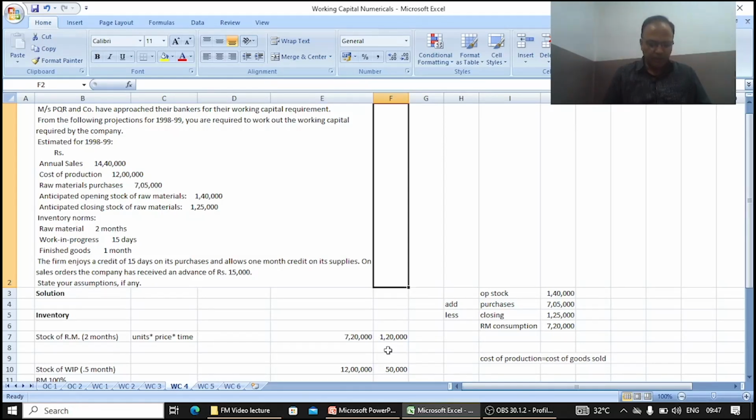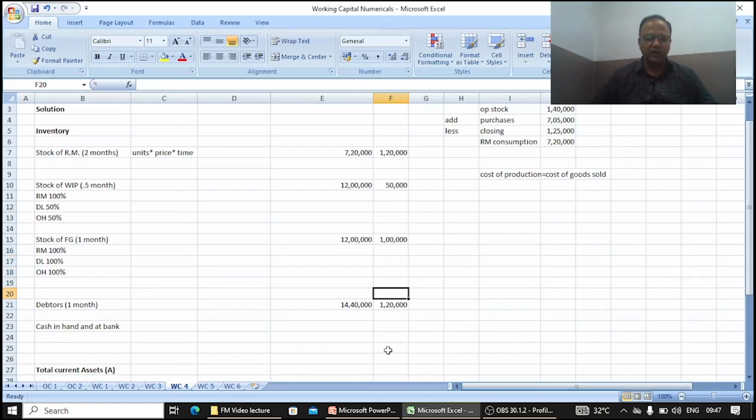I'm taking the help of a calculator. Let's find out the value. 705,000 divided by 12 into 0.5. 29375 is the amount of creditors.